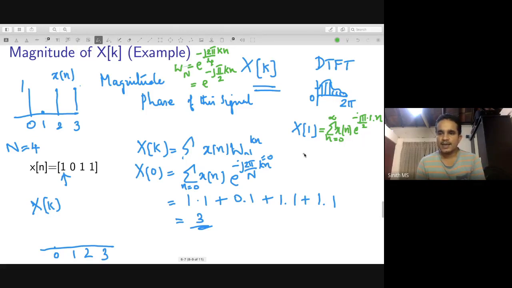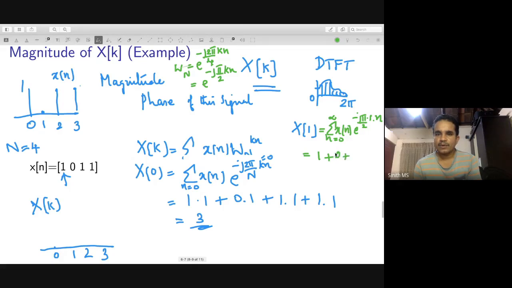As n equal to 0, this becomes e raised to 0, which is 1, and x[0] is 1. So you have this 1 value, plus as n equal to 1, x[1] is 0, so 0 into something becomes 0 again.